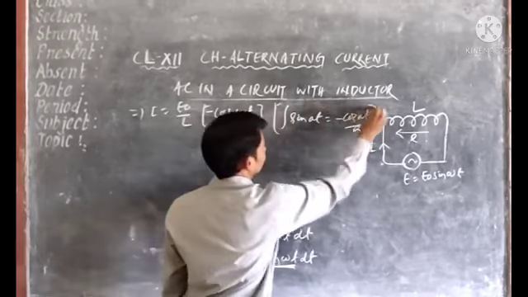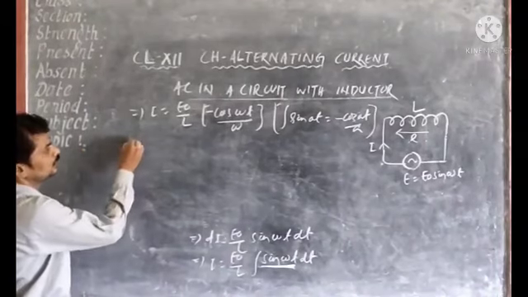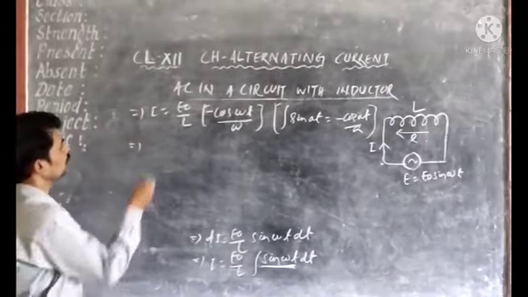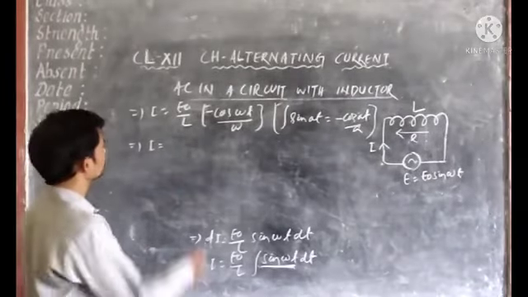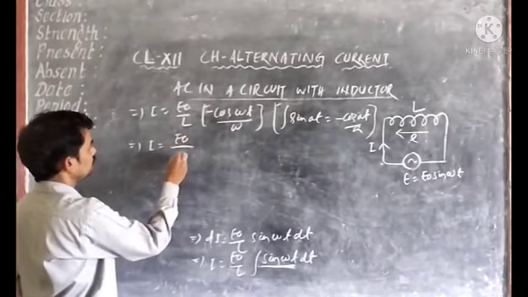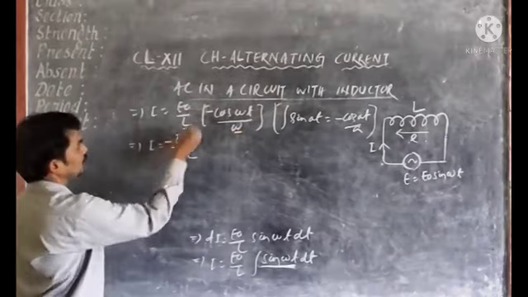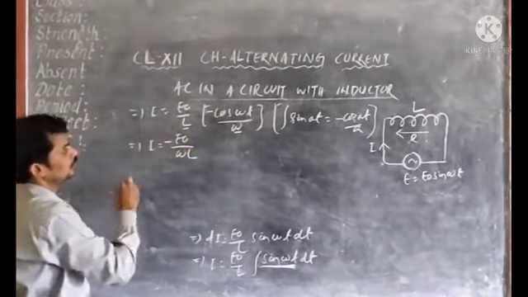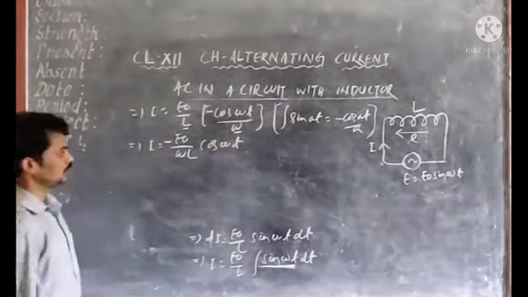This is a formula you must have read in mathematics. Then this can be written as I is equal to minus E naught divided by omega L, where L and omega are multiplied, times cos omega t.